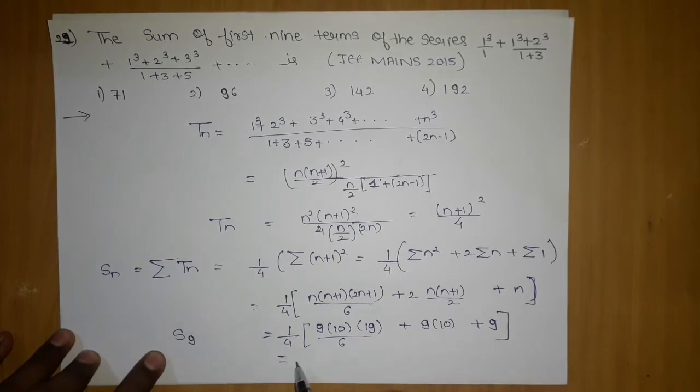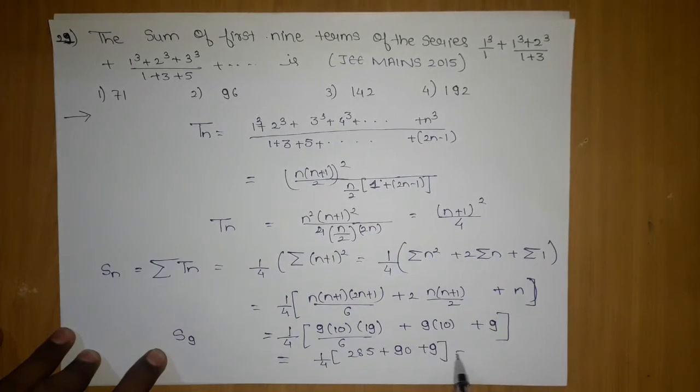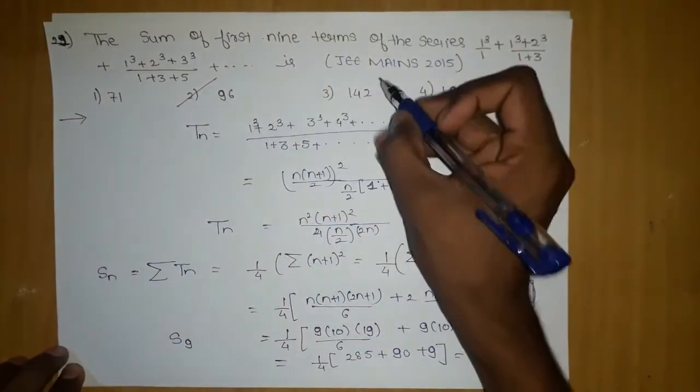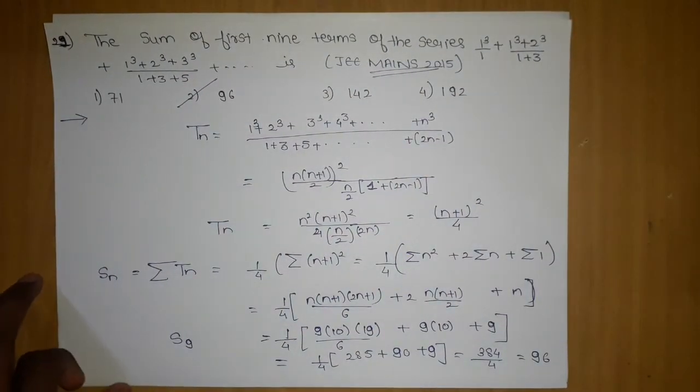So finally we are getting 1 by 4 into 285 plus 90 plus 9, giving finally 384 upon 4, which is nothing but 96. So our answer is 96, and this question appeared in JEE Mains 2015. It was a very easy question.